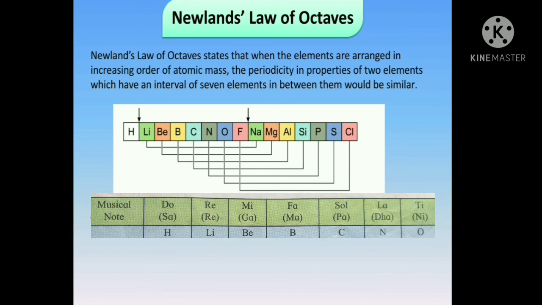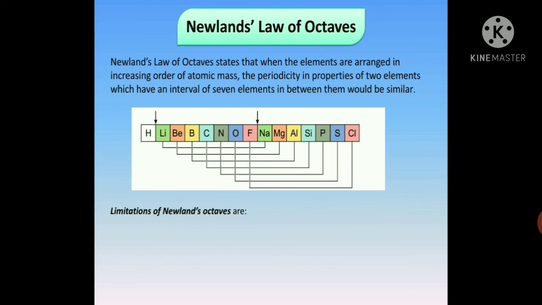But he had some limitations. The limitations of Newland's octaves are: the classification of elements by Newland's octave worked only up to calcium. Many limitations were found in Newland's octave.